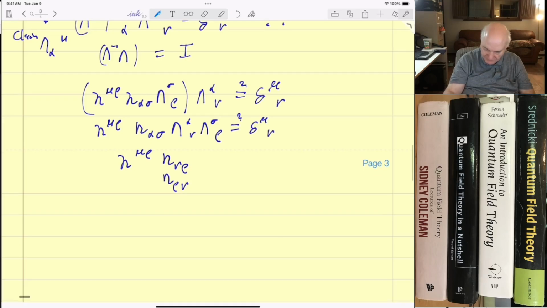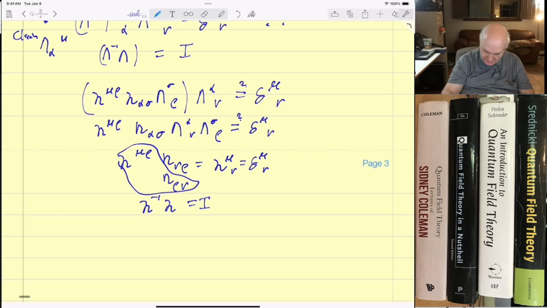But either way, I'm raising the nu index. So this is equal to eta mu nu, which is equal to del mu nu. So that works out correctly. Remember, this is sort of using that if I multiply eta inverse times eta, I'm going to get the identity. This is matrix multiplication, mu and nu.